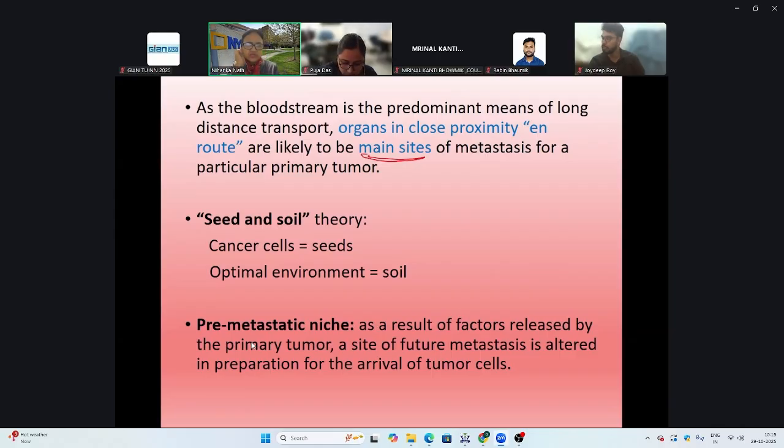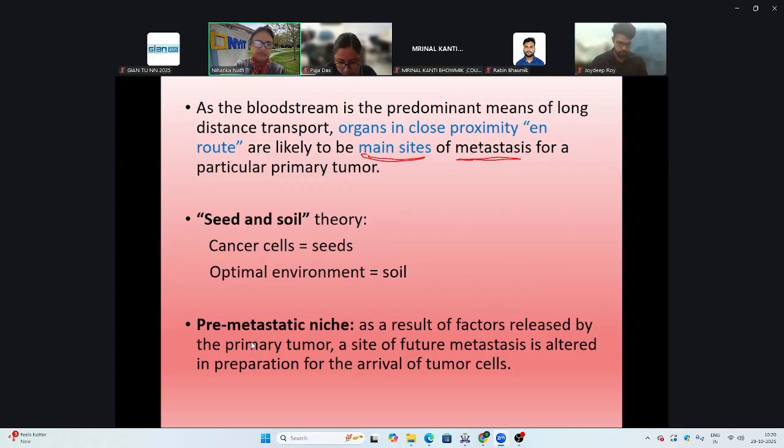And so there is kind of a preference. If the blood circulation goes straight somewhere, then there is a preference for the cells to just go through that. And that is a reason to understand why metastasis occurs in that particular location.